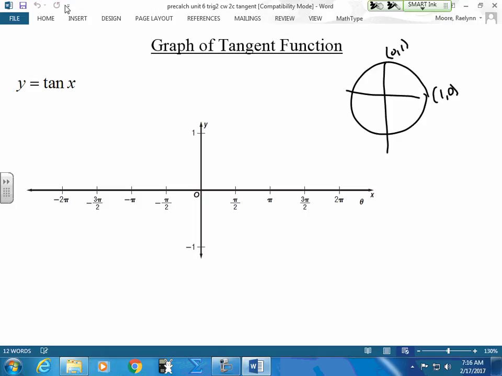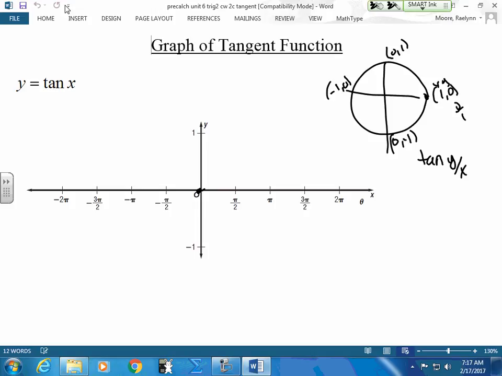Tangents are y over x. So sometimes your tangent is obviously greater than 1 or less than -1. So tangents work slightly different. So at my zero, if I take my y over x, I get a 0. Agree?